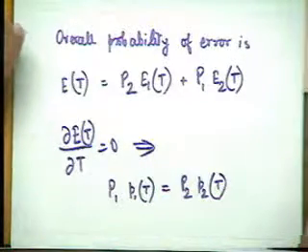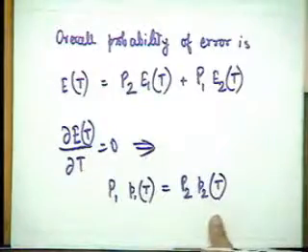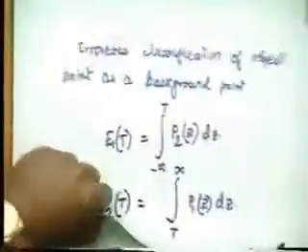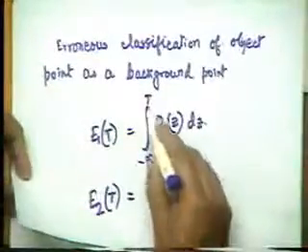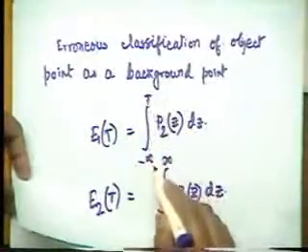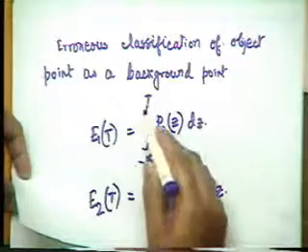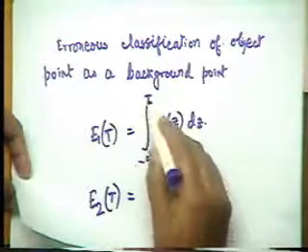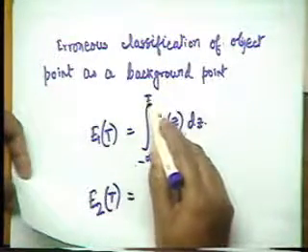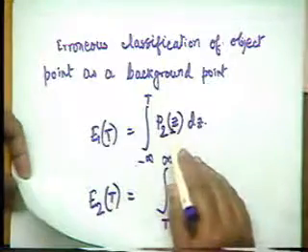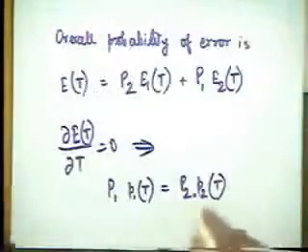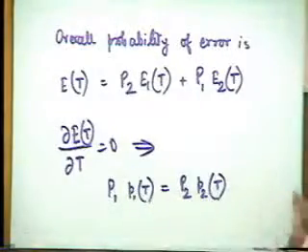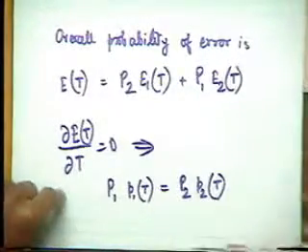All right, because you see we are differentiating with respect to t only, and mind you, this is nothing but an integration within limits minus infinity to t. So only the point having t needs to be considered. Okay, so it leads to P2t. And obviously we are getting this expression P1t is equal to P2t.